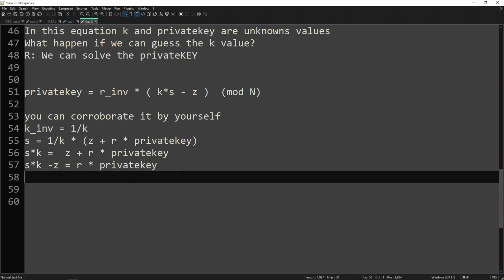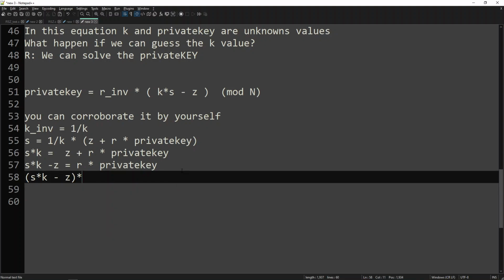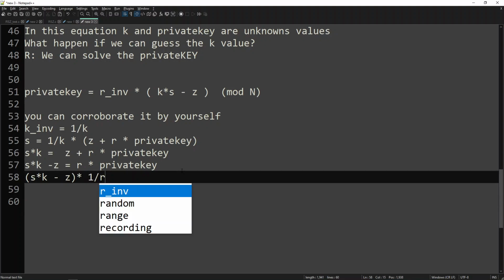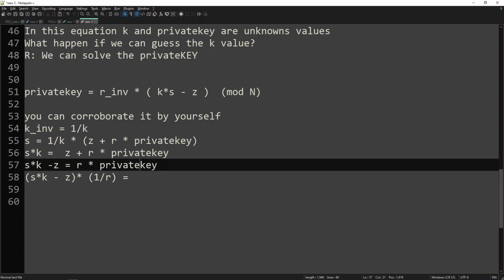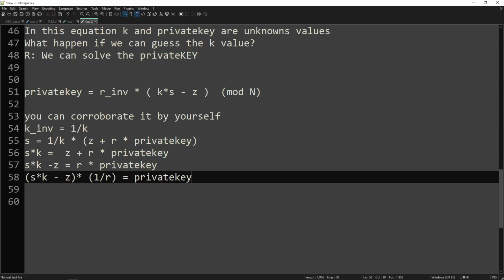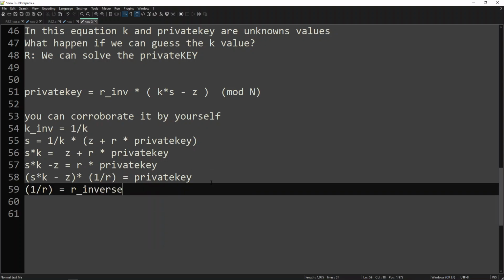So let's put s times k minus c, all this divided by r, or in other words, multiplied by 1 over r, equals the private key, and 1 over r is r inverse.